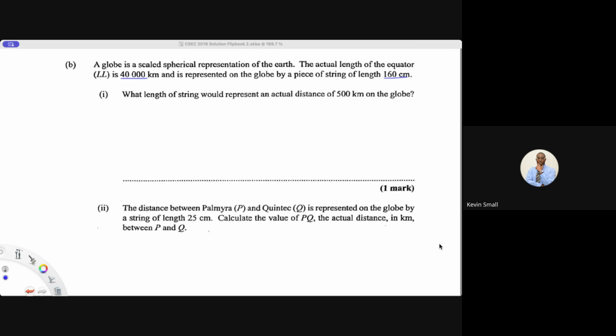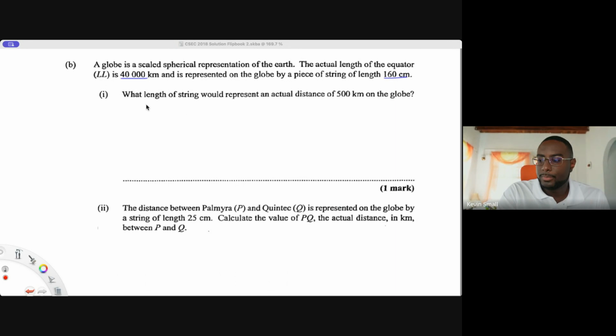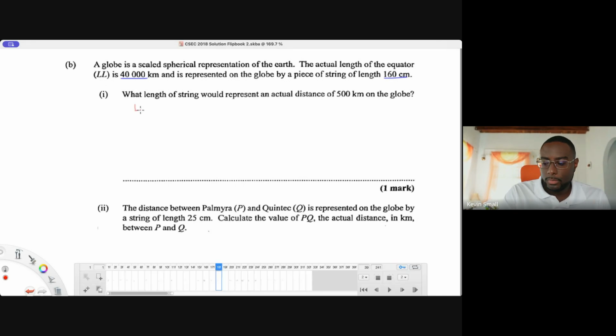All right, let's have a look here. So, unitary method. If you remember this from primary school, you find out what 1 represents, and then you can use that to solve any question. So over here it says, if the 40,000 kilometers is equal to 160 centimeters, if I want 1 kilometer, I have to divide this by 40,000.